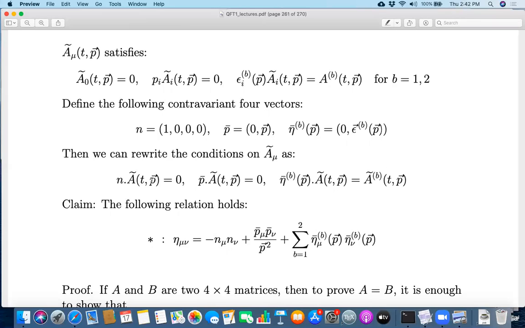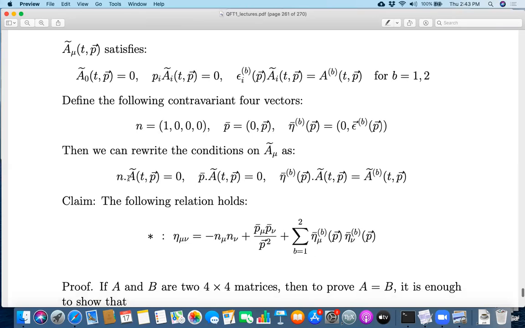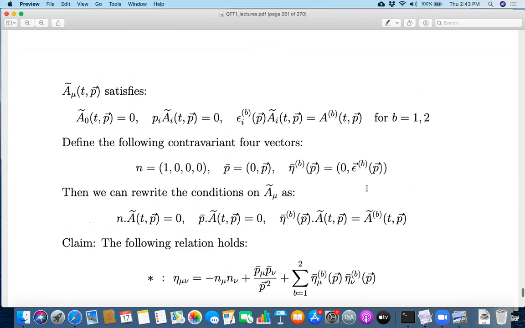These are exactly the same conditions that we had seen earlier, except that we have rewritten them as dot products in the 4-dimensional space. Earlier, for example, we had defined A tilde b as a dot product in the 3-dimensional space, the epsilon b vector with the spatial components of A tilde. Now we are just rewriting this as a dot product in 4 dimensions. Is this clear so far?